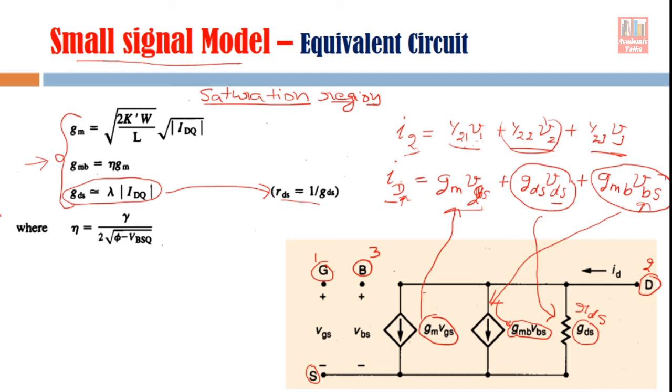I have explained the small signal model of MOSFET, and the parameters are very important because in the exam you have to solve some numerical problems based on them, and you have one experiment in the laboratory where you have to design a MOSFET based amplifier, so you will use these parameters in that design also.